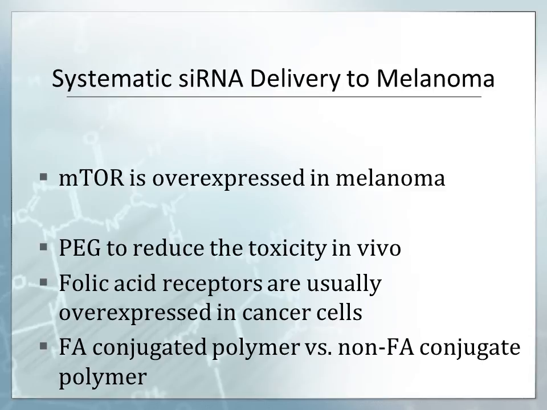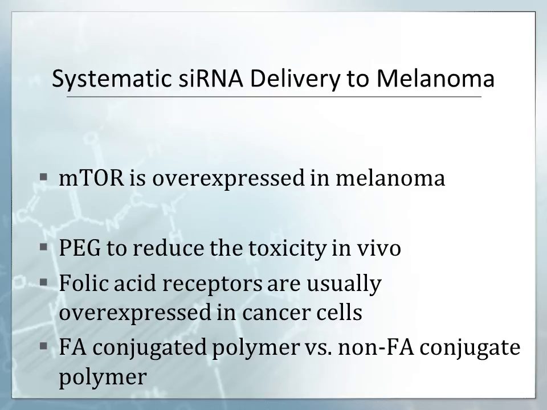So again, we are delivering the gene or siRNA in cancer, and our model was again melanoma. One of the facts we know about melanoma is that mTOR, this gene, is usually overexpressed. So we want to target the mTOR using mTOR siRNA systemically.